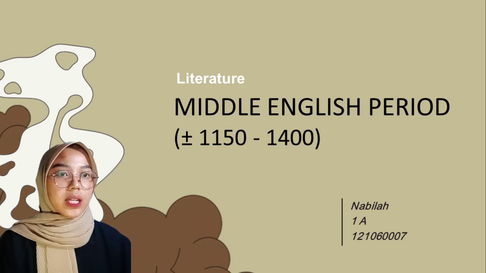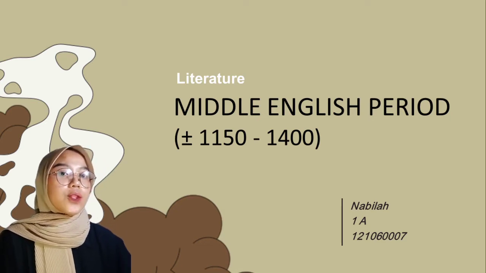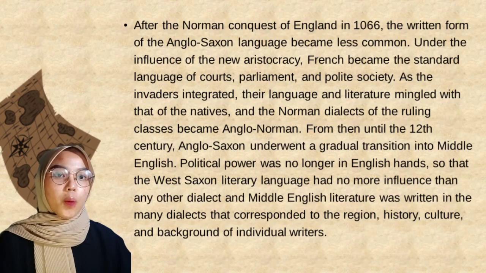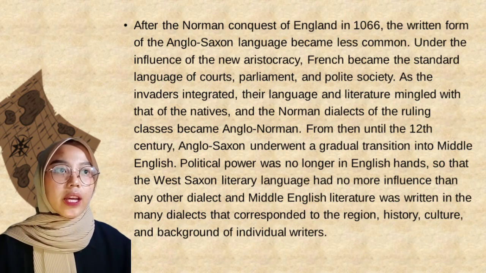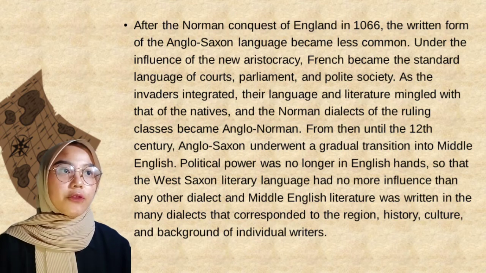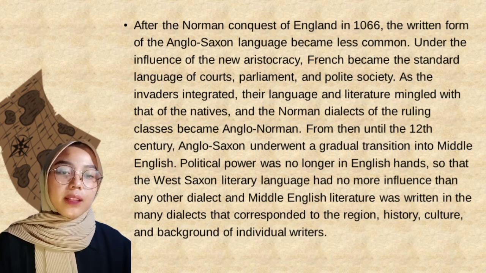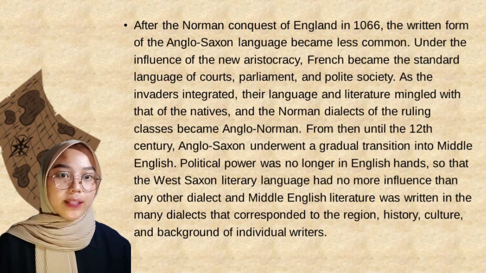The presentation is about the Middle English period, from 1150 to 1400. After the Norman Conquest of England in 1066, the written form of the Anglo-Saxon language became less common under the influence of the new aristocracy.